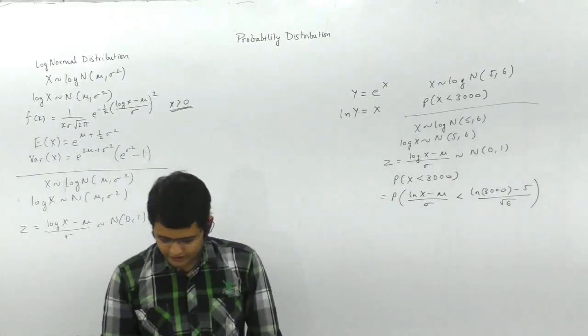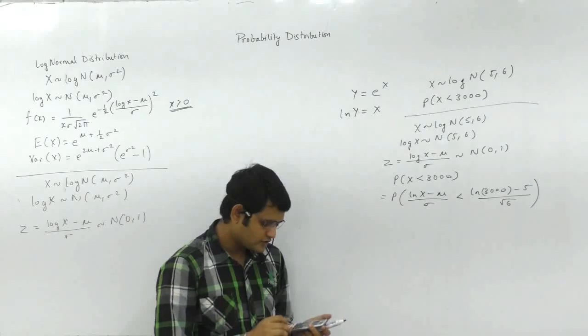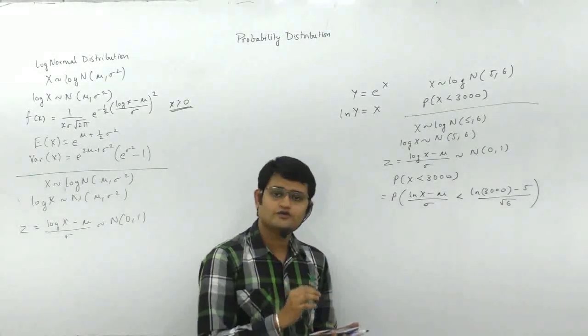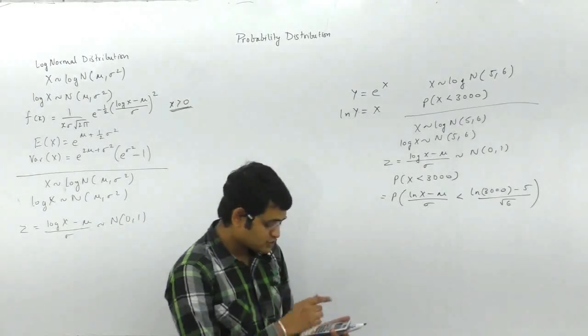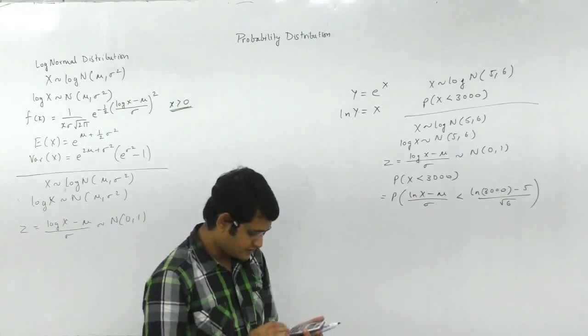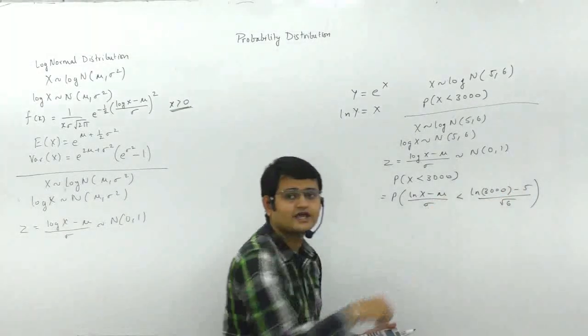Use a calculator to find that particular value. Always remember, when you put ln or log, it is going to show a bracket. Then I put 3000 and then I have to close the bracket, or else it will take 3000 minus 5 inside the log.